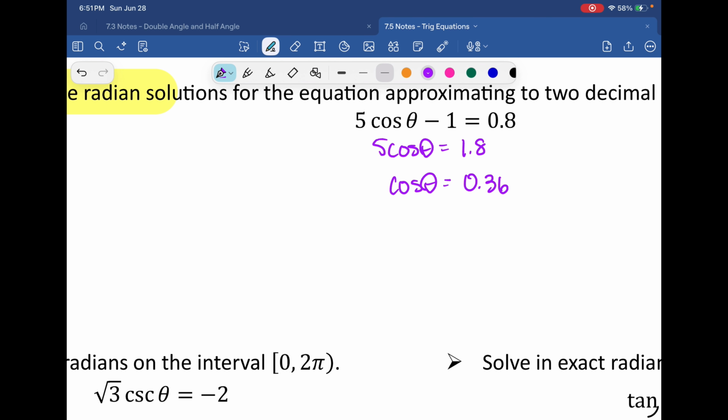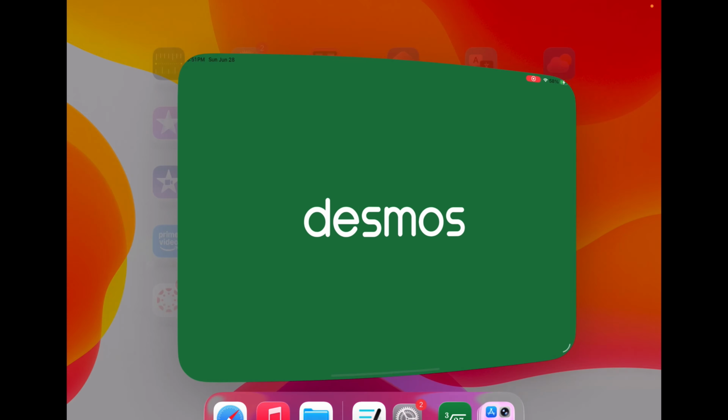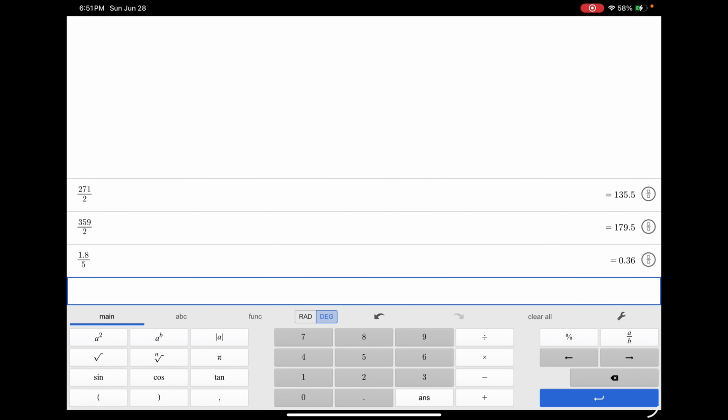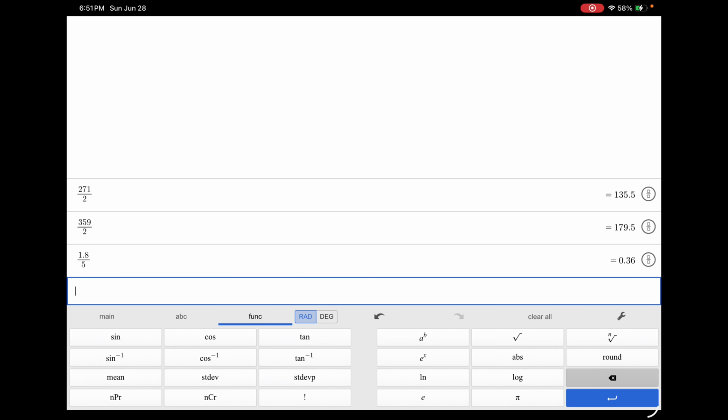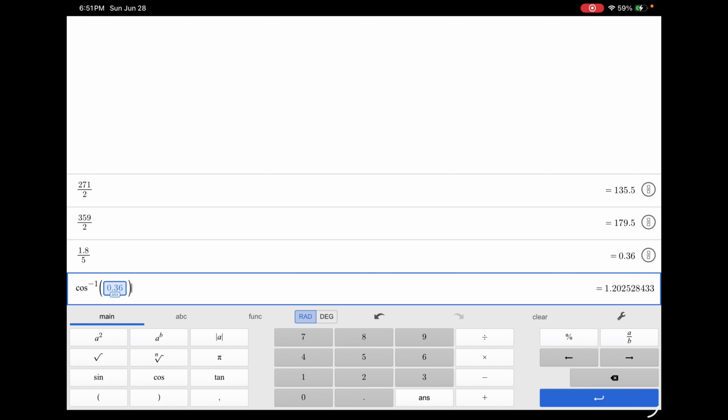And you're going to do inverse cosine. The reason I have to do inverse cosine is because I'm looking for a non-unit circle angle. So inverse cosine gives me 1.203.